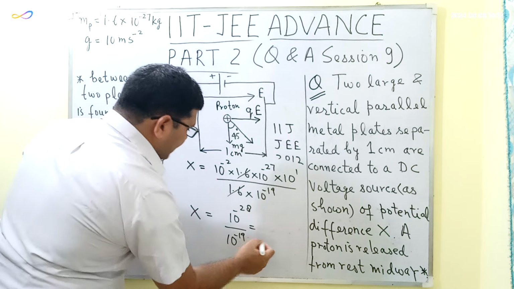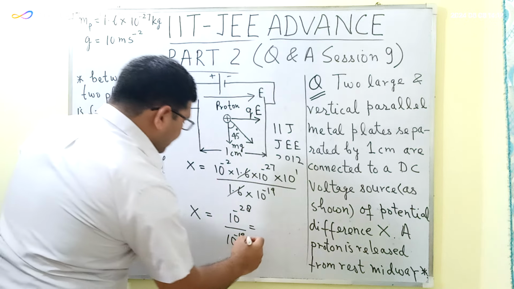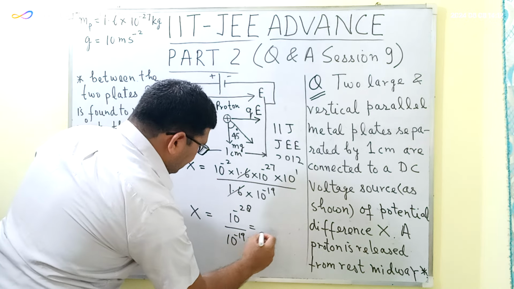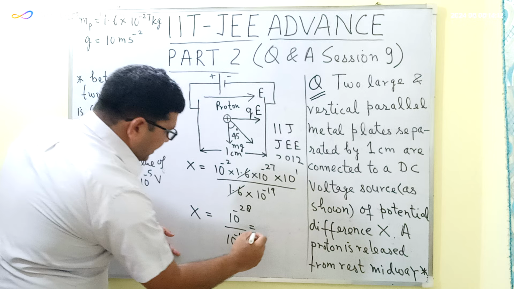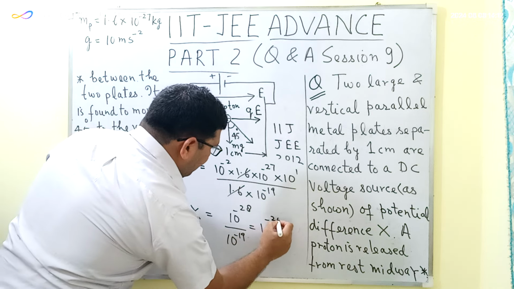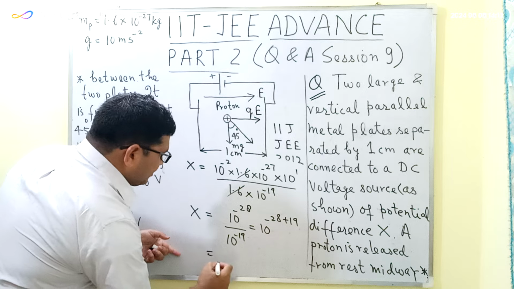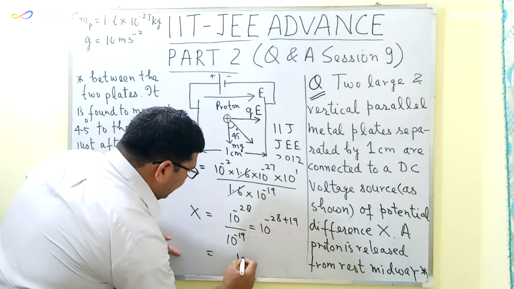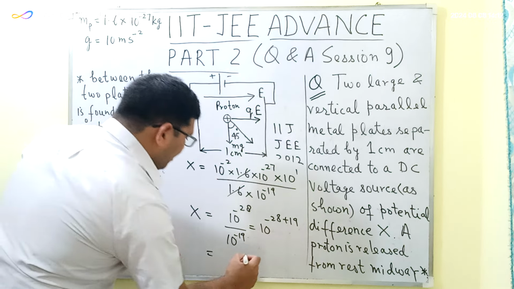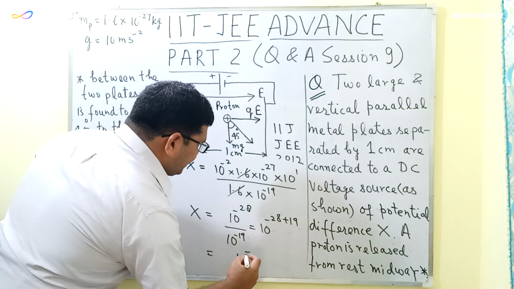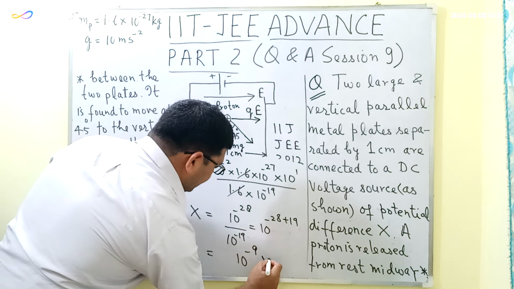The 19 will come in the numerator, so it will become plus 19. So the answer is equal to 10 to the power minus 9 volts.